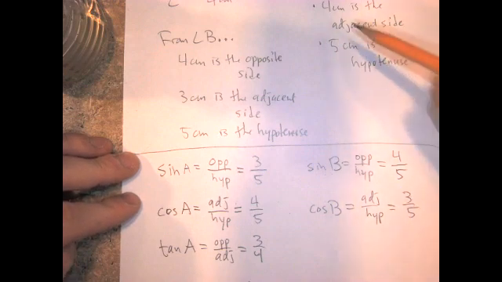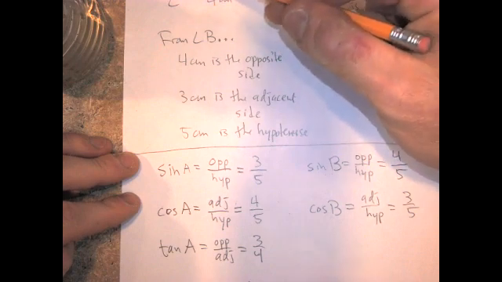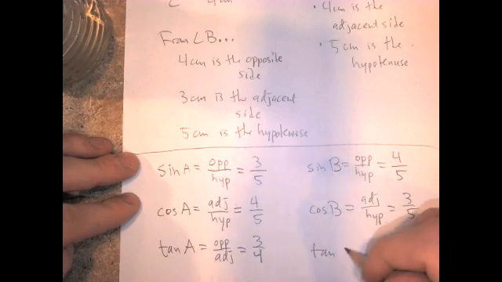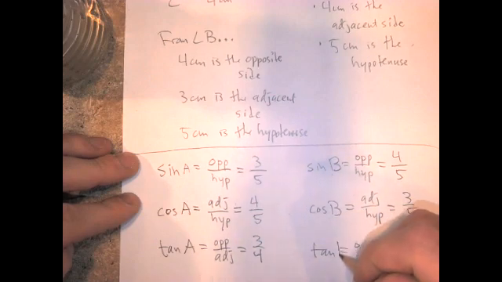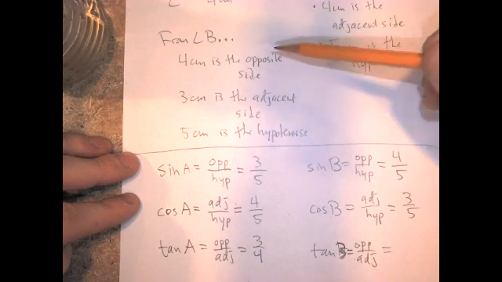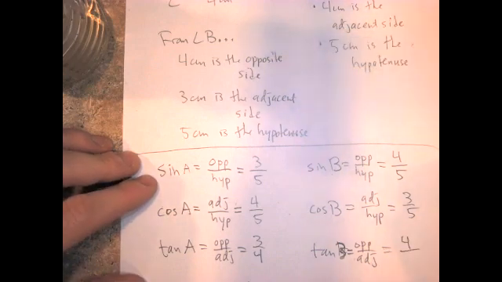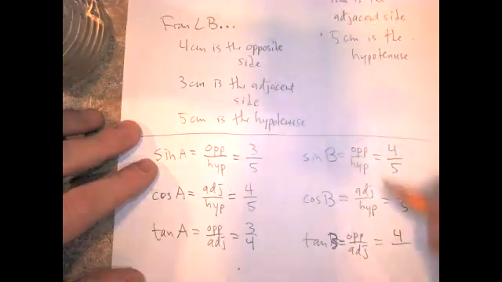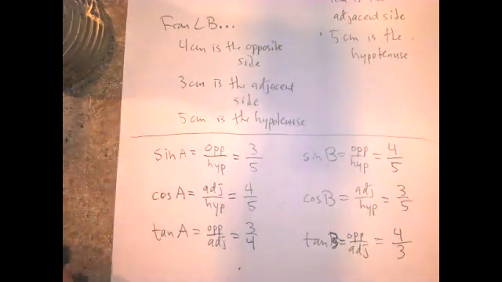Adjacent from B is 3, hypotenuse is 5. And then the definition of tan is always opposite over adjacent. We have to tell the angle we're relative to. Tan of B is the opposite over the adjacent. From B, opposite was 4, and the adjacent is 3. So 4/3.